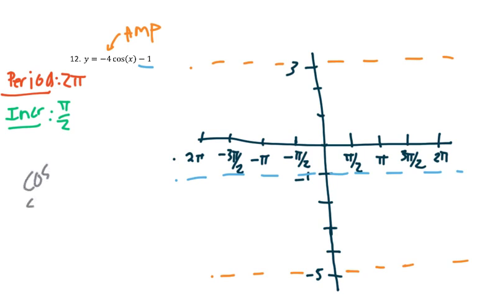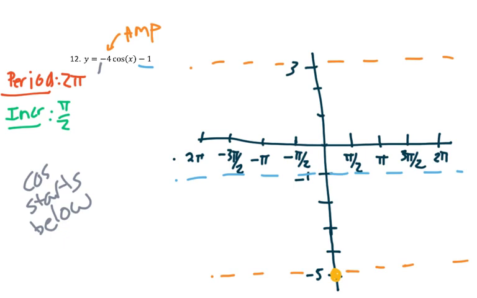So cosine starts above or below the midline. Since this is negative, it's going to start below our midline. So I'm going to start below my midline. I don't have to shift it left or right because I don't have any pluses or minuses within the parentheses of my cosine.